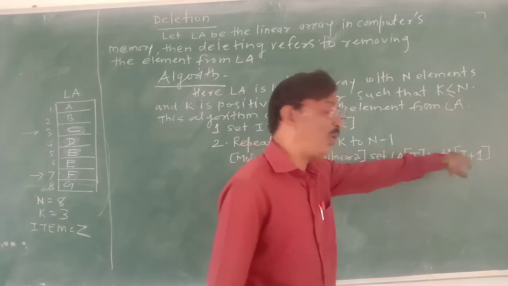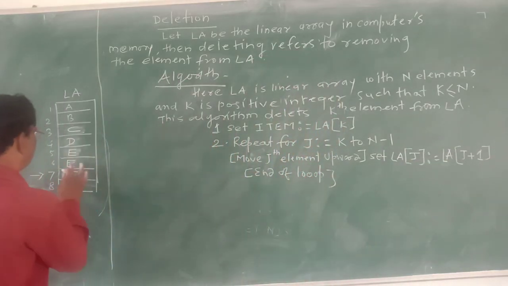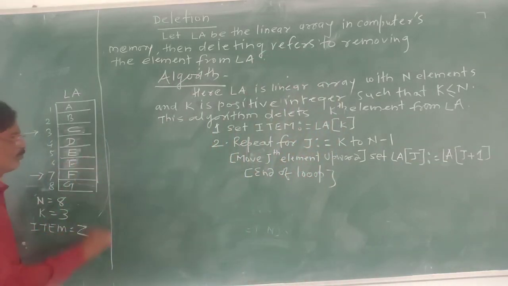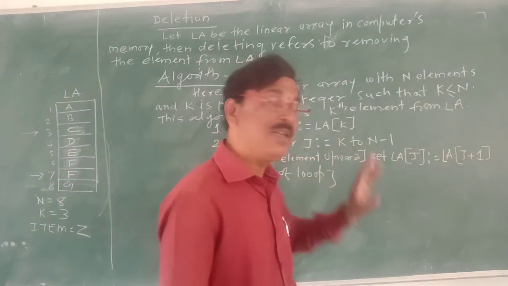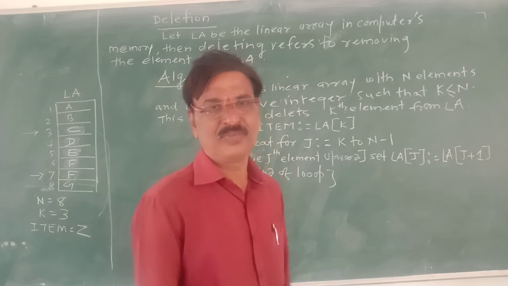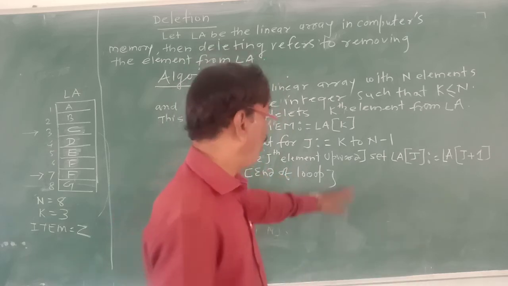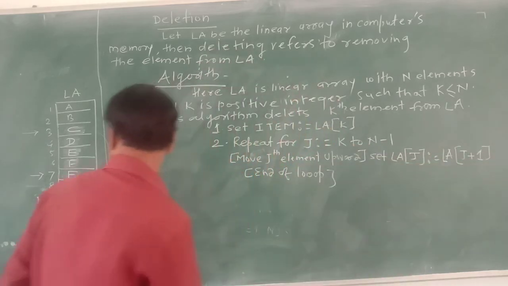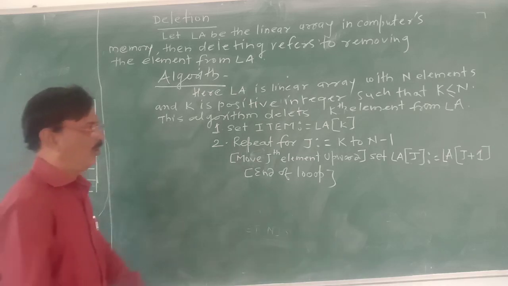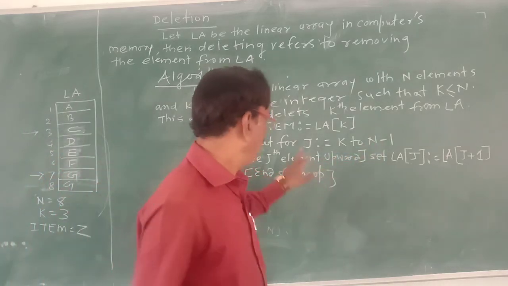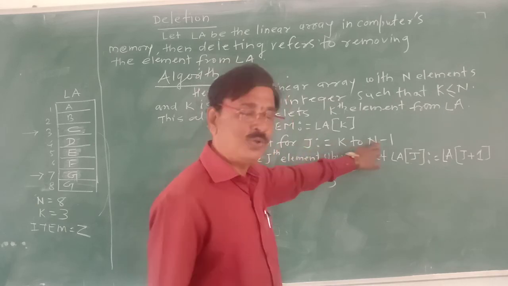So LA 6 is equal to LA 7. Now j will become 7, n minus 1, 7 is the last. LA 7 is equal to LA 8. Now repeat step j from 3 to 7.